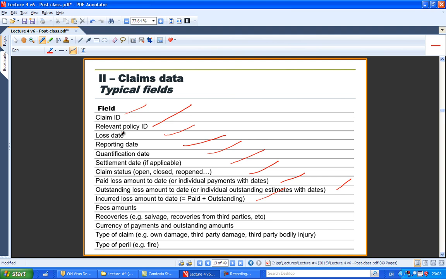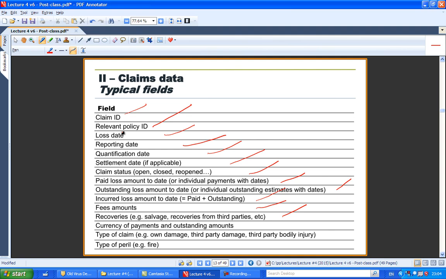That means the overall amount that you eventually will have to pay. And this is really contained in the previous two bits, because that's the sum of the paid and outstanding, plus any fees that you have to pay, for example, for legal services, any recoveries.